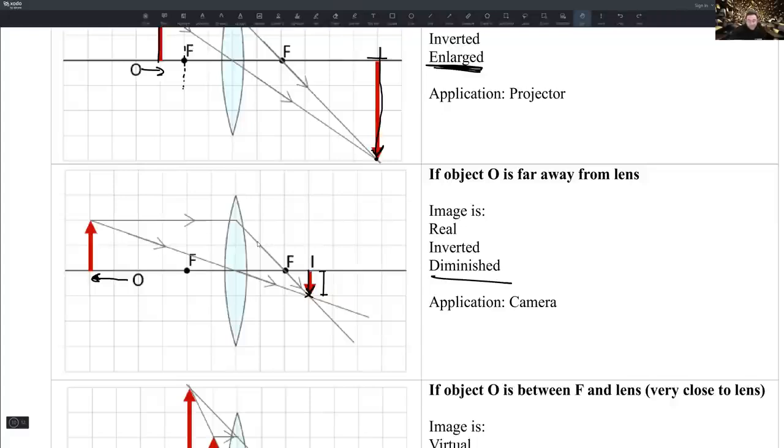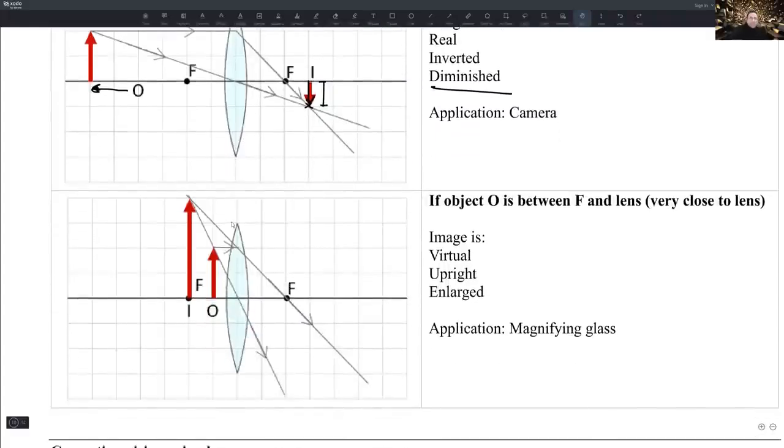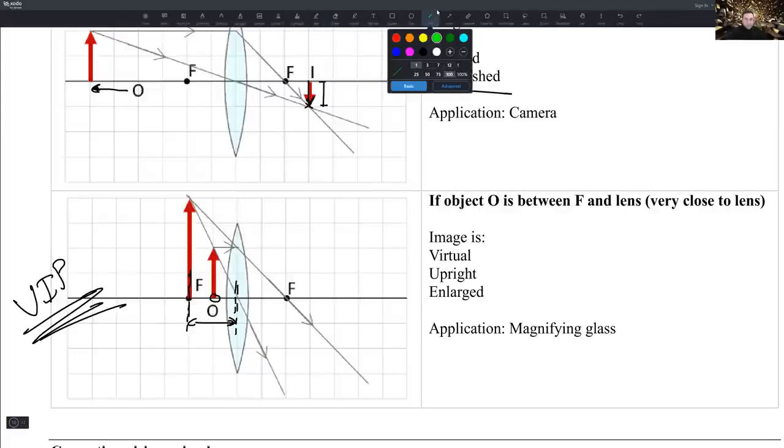But I say this next one is the most important ray diagram. Very, very important. Why? If you put the object between the focal point and the lens, anywhere between the focal point and the lens, you will not get a real image. Look why.